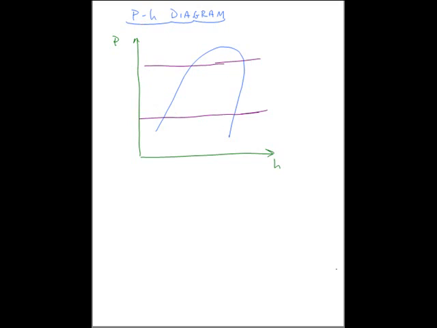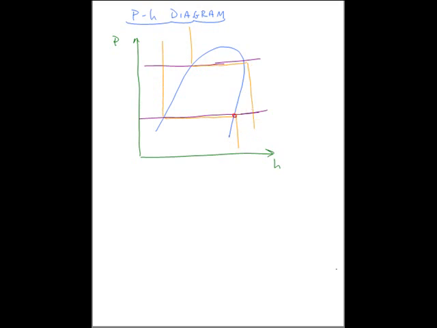And then my lines of constant temperature, we'll use orange. They run vertical, across, and then pretty much straight down. So we said for state 1, we had a quality of 1.